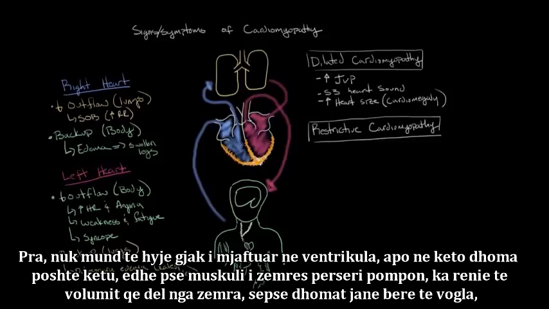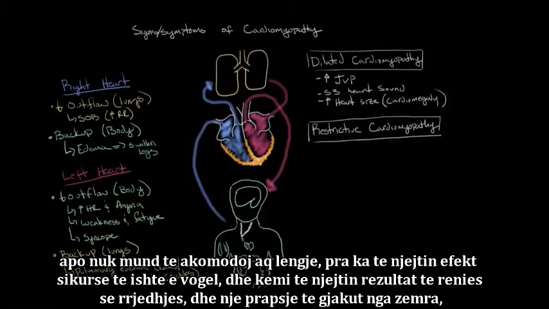So not enough blood is able to enter the ventricles or these chambers down here as what's normal. And so even though the heart muscle is still pumping, there's a decreased volume coming out of the heart because the chambers are smaller or can't accommodate as much fluid, so it kind of has the same effect as being smaller, and you get the same result of a decreased outflow and a backup of blood from the heart.